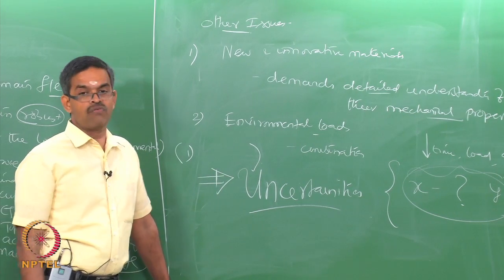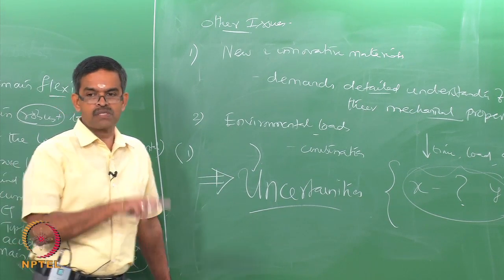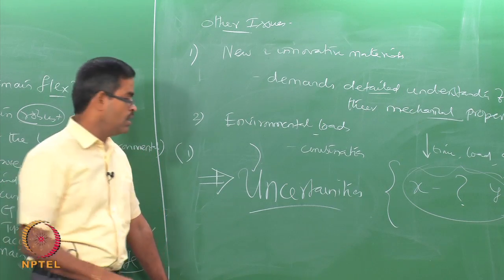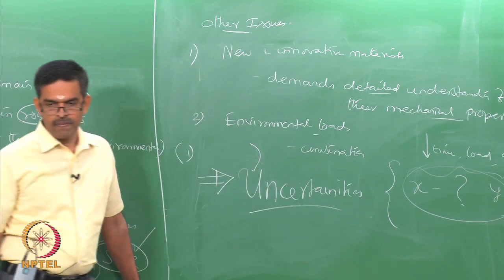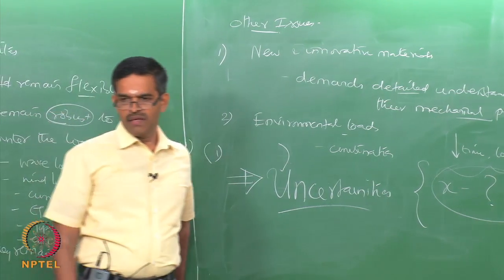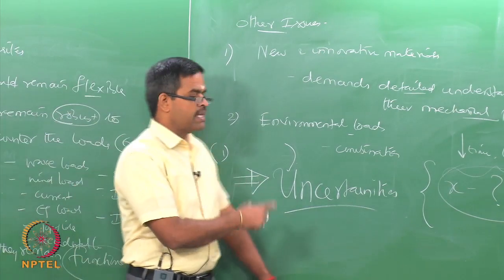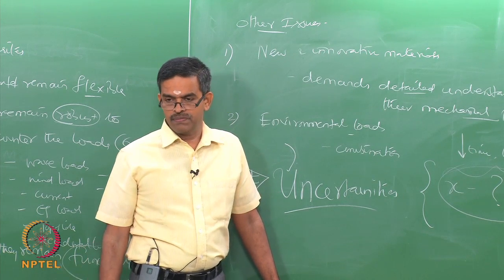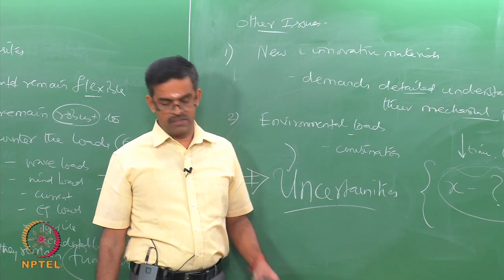So, reliability of offshore structures is circumscribed importantly around a major factor called uncertainty. As a good mathematician, you would have guessed by this time, wherever we have uncertainty in mathematics and engineering, we always use probabilistic tools and statistical methods.